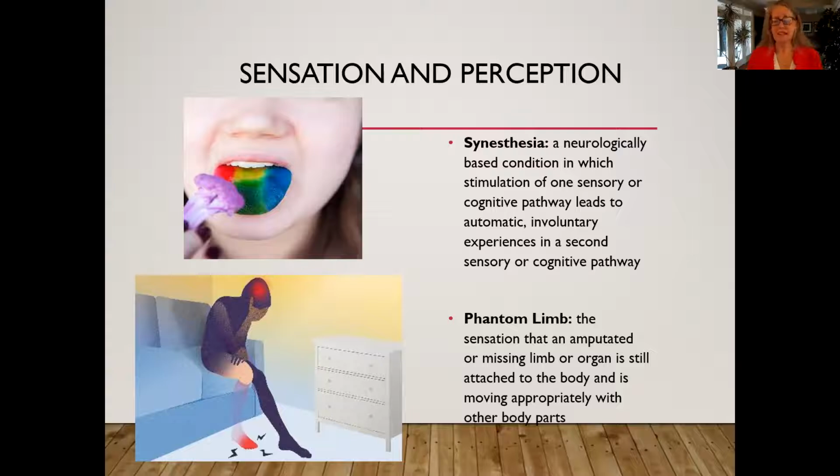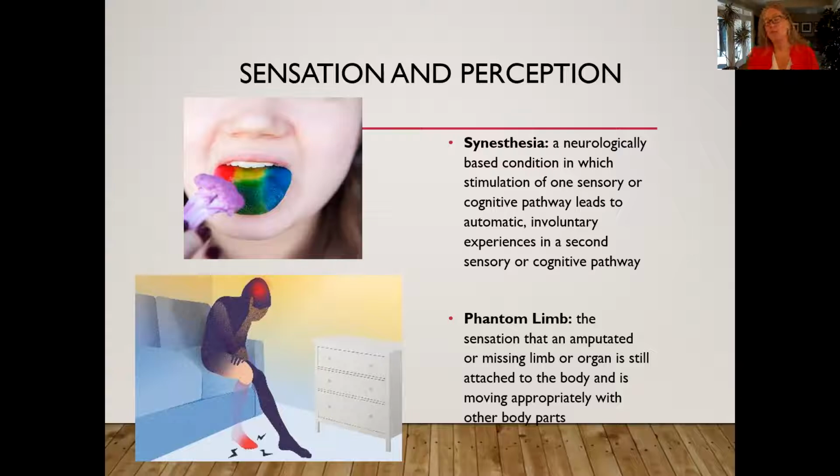Another fascinating, horrible phenomenon is phantom limb. Many amputees will have an issue with phantom limb. After the amputation has occurred, they will still sometimes have excruciating pain in like a leg that doesn't even exist.